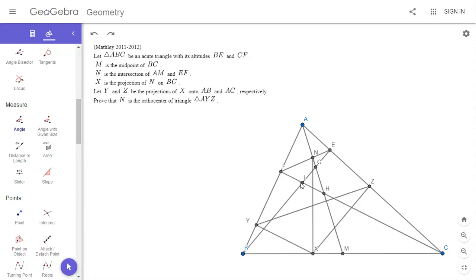Well, yeah, if we can show FN over NE is FY.